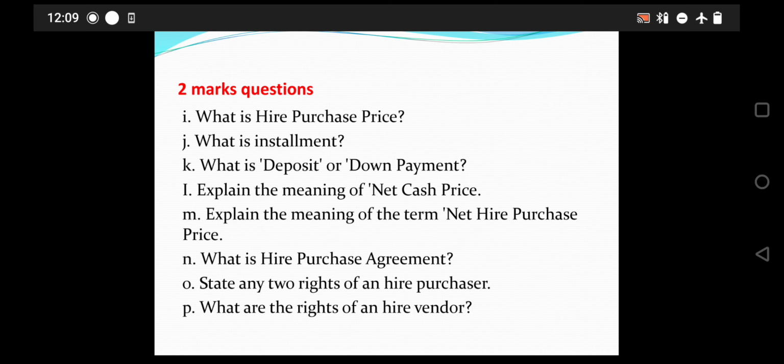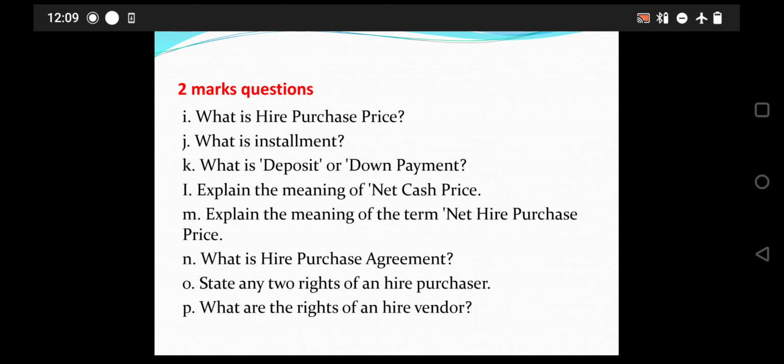Then, hire purchase agreement. Every time we see an agreement, it comes under certain laws. A hire purchase agreement comes under the Hire Purchase Act 1972. So what is the meaning of hire purchase?